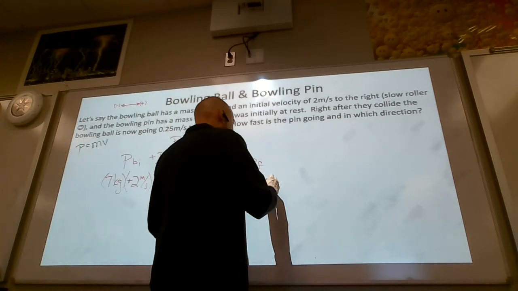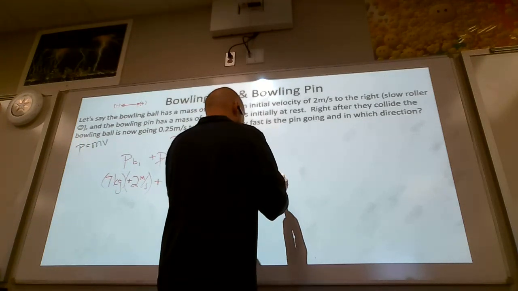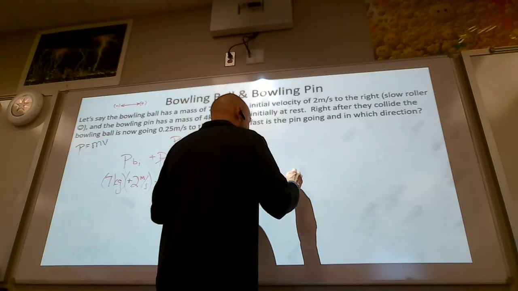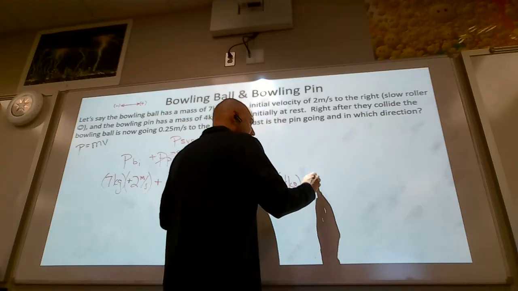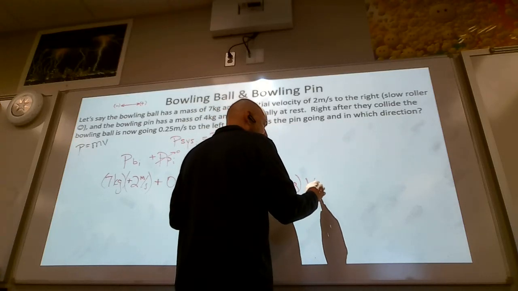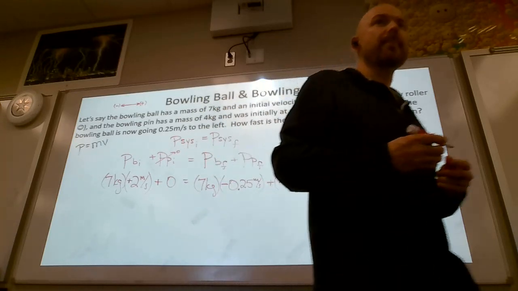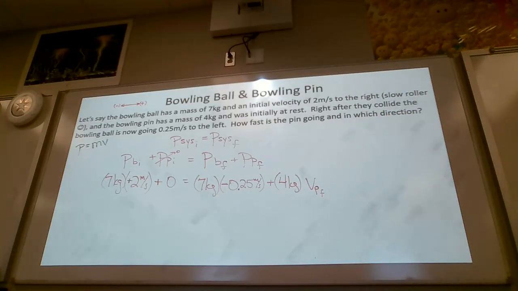Afterwards, the momentum of the pin has a mass of 4 kilograms times some final velocity of the pin. If you are trying to solve for something, do not assign a positive or negative sign to that.